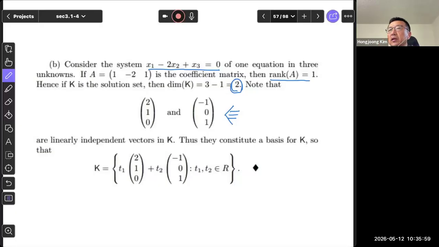Please wait, I will explain today how to find these vectors. But at this point, let me assume that somehow I found two linearly independent vectors in K. Then, since the dimension of K is 2, any vector in K can be written as a linear combination of those two vectors. But how to find these two vectors? Please wait.